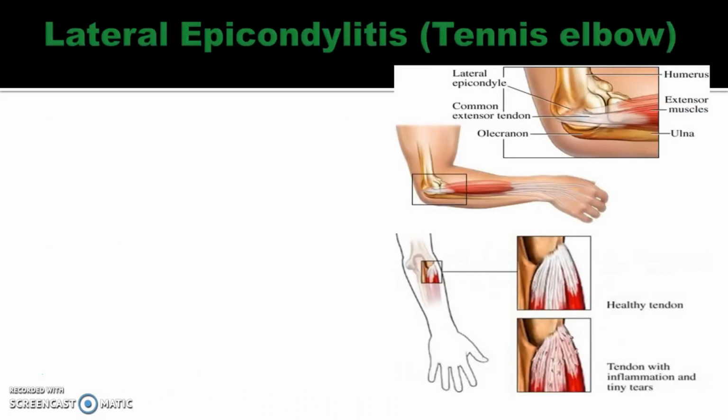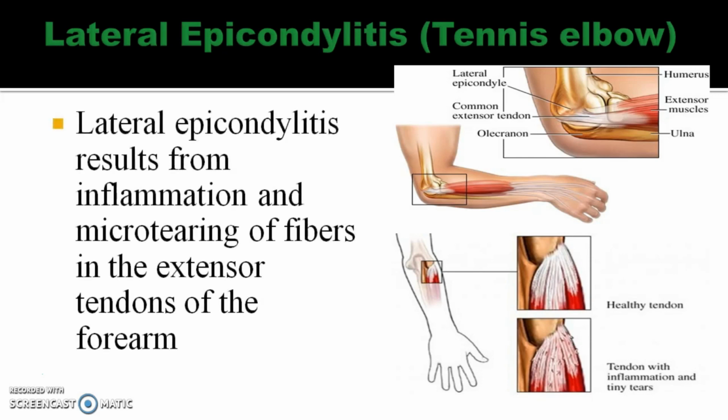And then talking about another applied aspect related to this is lateral epicondylitis, which is otherwise known as tennis elbow. Here what will happen is lateral epicondylitis results from inflammation and micro tearing of fibers in the extensor tendons of the forearm. You know, most of the extensor tendons are taking origin from lateral epicondyle of humerus.